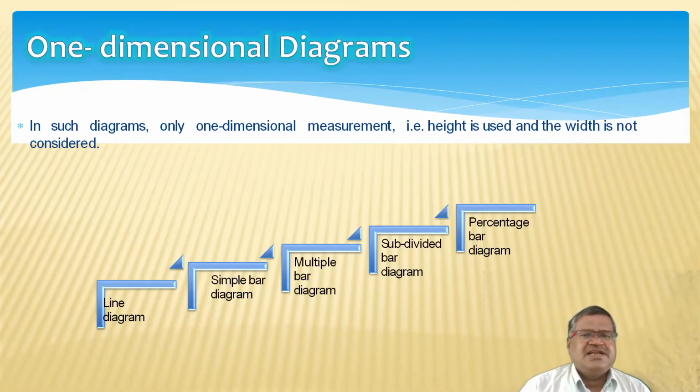In a one-dimensional diagram, only one dimension is measured. Height is used and the width is not considered. These are the line diagram, bar diagram, multiple bar diagram, subdivided bar diagram and percentage bar diagram.